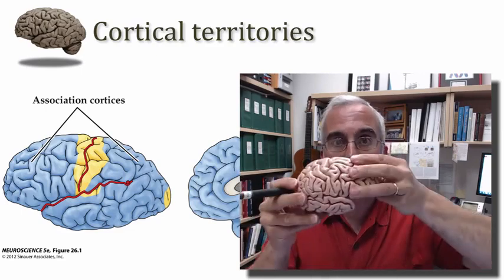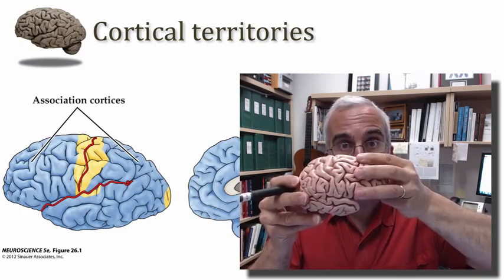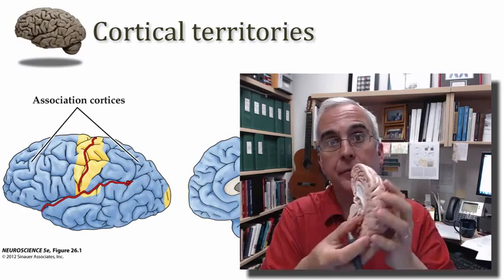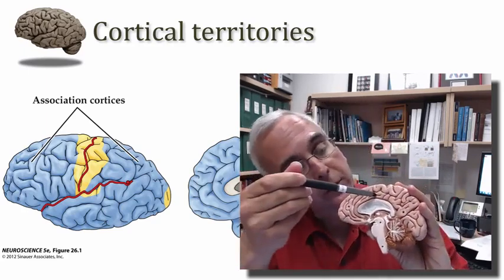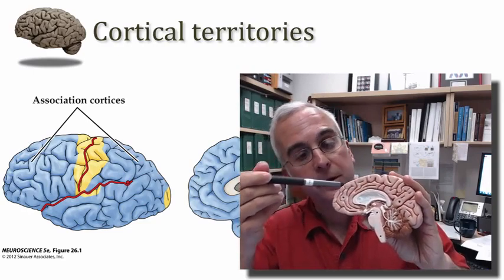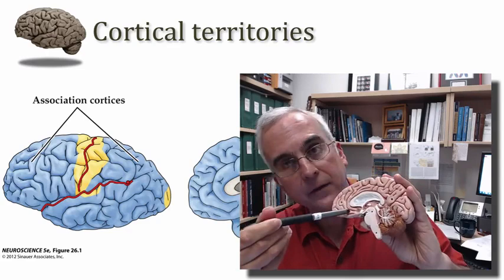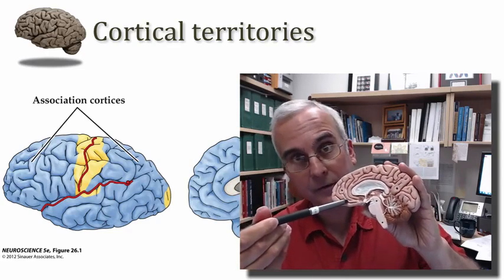So roughly where my three fingers are, that would be the prefrontal cortex as seen from this dorsolateral view. And then from the medial view, the prefrontal cortex would include the cortex of the superior frontal gyrus and the cingulate gyrus as they wrap around into the medial part of the orbital cortex of the brain.